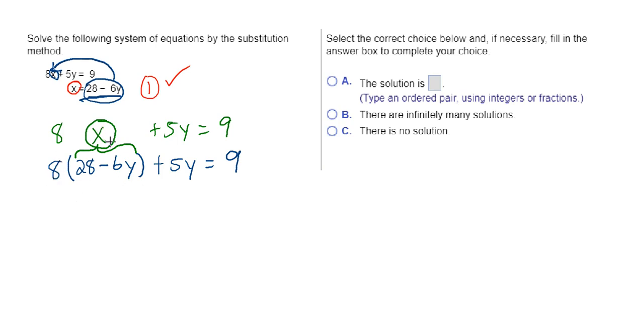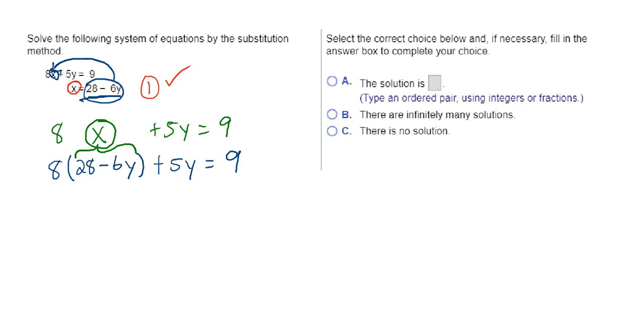We still have 8x plus 5y equals 9 here. That was the original equation that was here. But we also let this equation know that in place of x, we have 28 minus 6y. So this equation now also realizes that x is supposed to also equal 28 minus 6y. So we have both equations present at the same time.